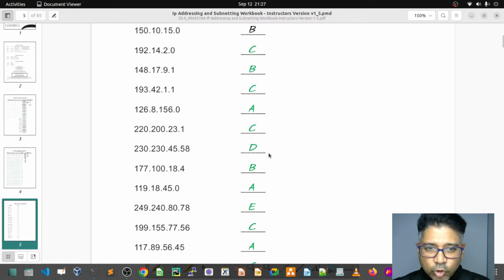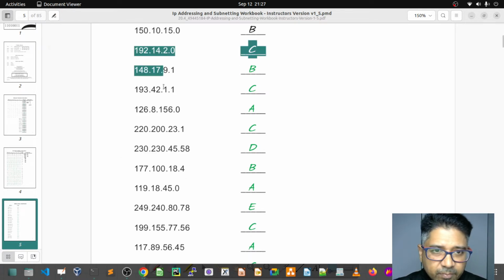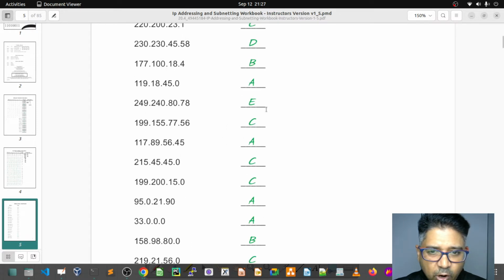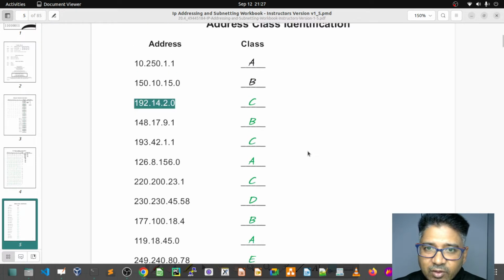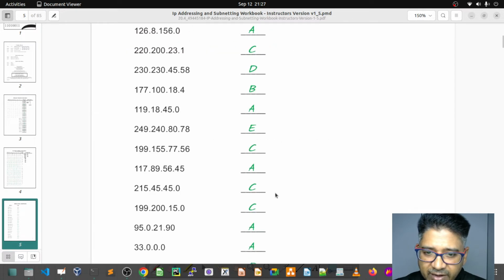Whenever you want to practice, just take a paper, copy this, and practice which class each belongs to. Just revise quickly because the answers are there, so it will take bare minimum time to revise address class identification.